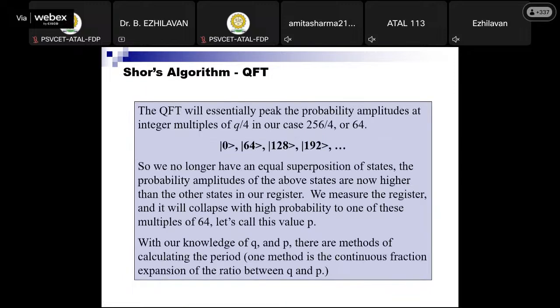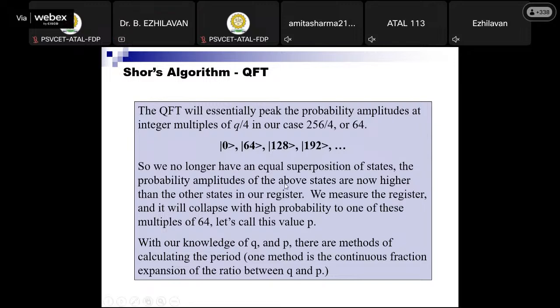See here, QFT, quantum Fourier transform. These are integer multiples of q by 4, that is 256 by 4 or 64, which can be written as 0, 64, 128, 192.